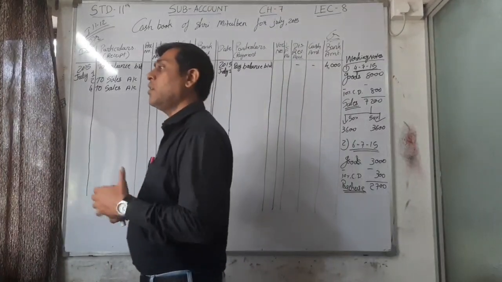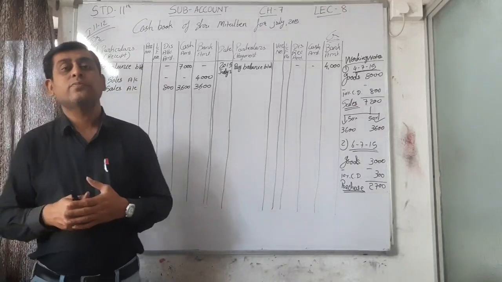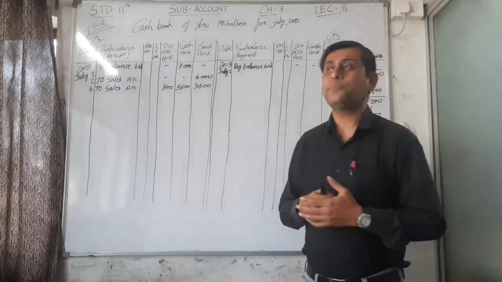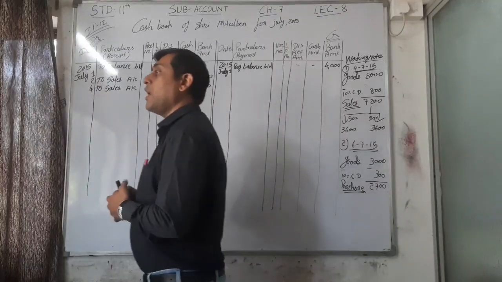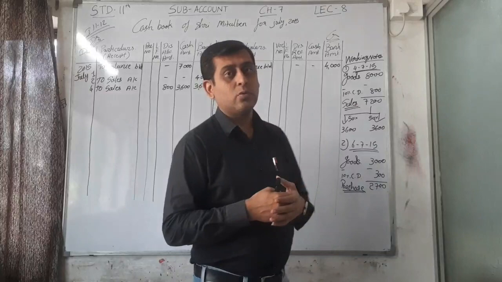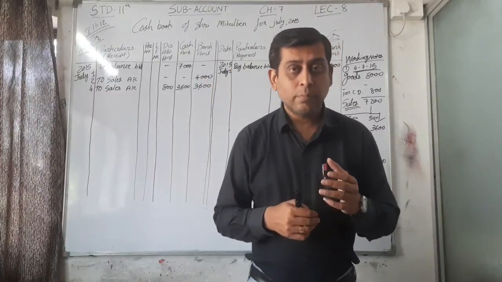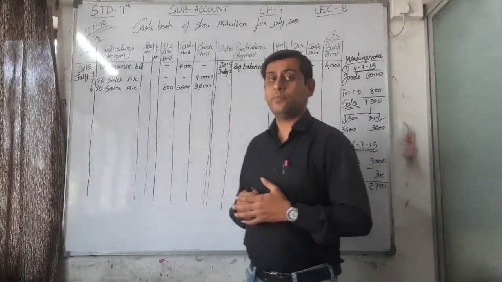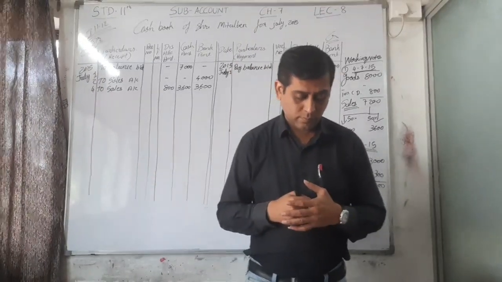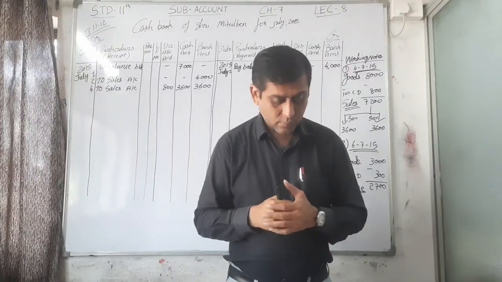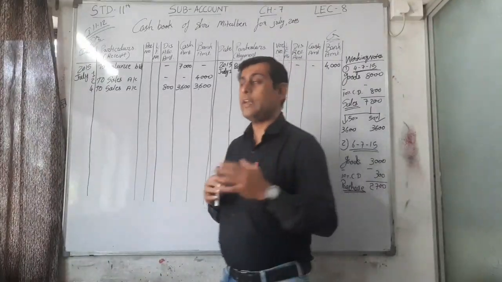Purchase account debit 2,700. Write down the entry. Purchase account debit 2,700, discount account debit 300 to cash account 3000. Sorry, the entry is wrong.